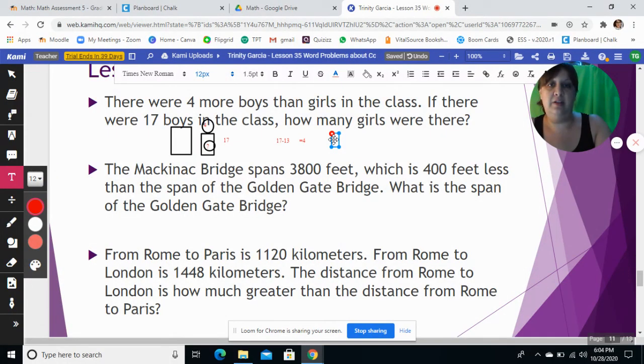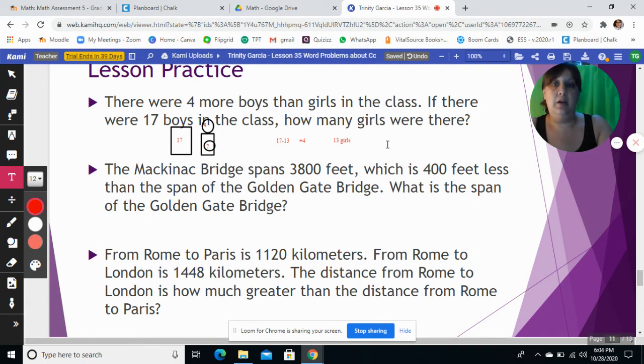So we know that there were 13 girls in the class. Okay? And then we know that there were 17 boys, and that's where that should have been. That's what was, there we go, 17 boys. There we go. All right.